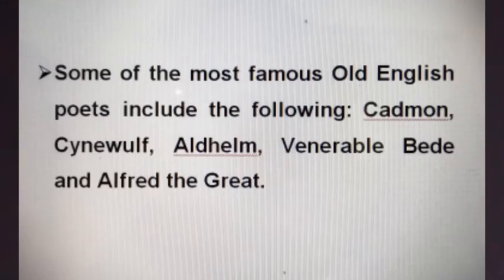Some of the most famous Old English poets include Caedmon, Cynewulf, Aldhelm, Venerable Bede, and Alfred the Great.